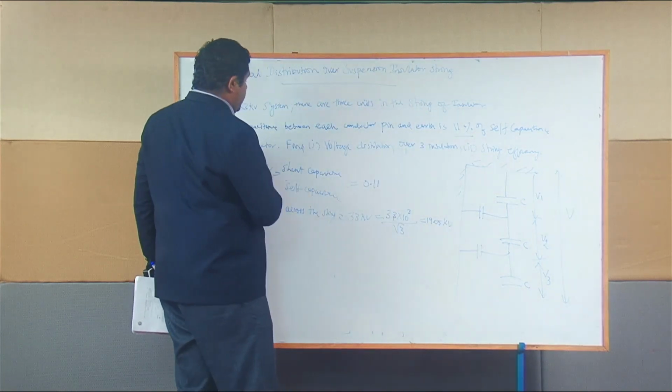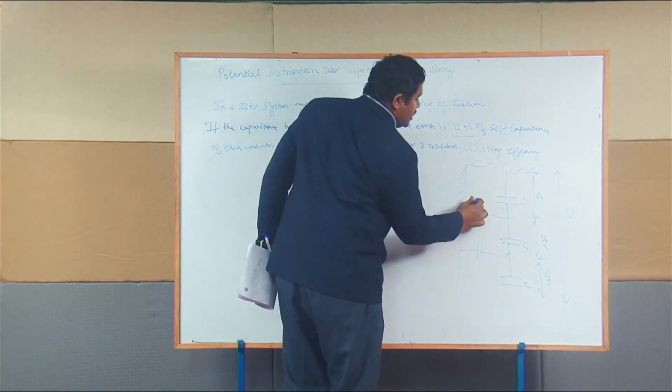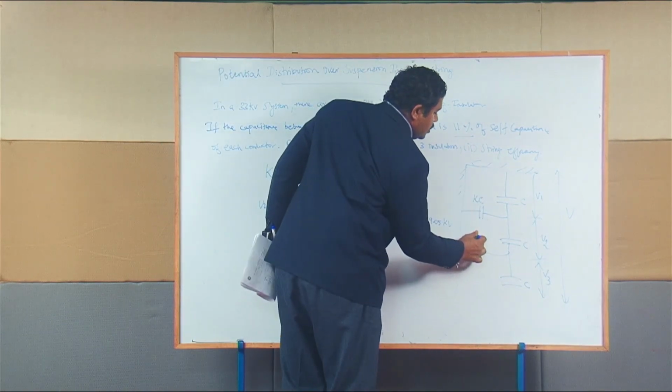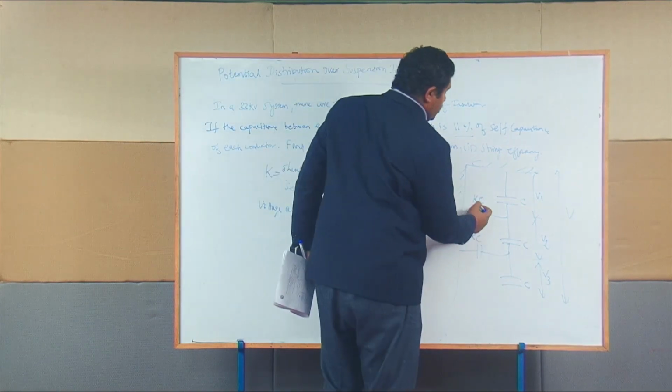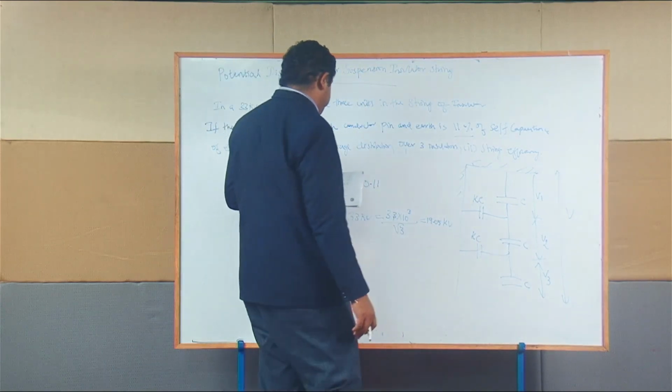From this K, the shunt capacitance is K times the self capacitance. So it is K into C. The K value is given.